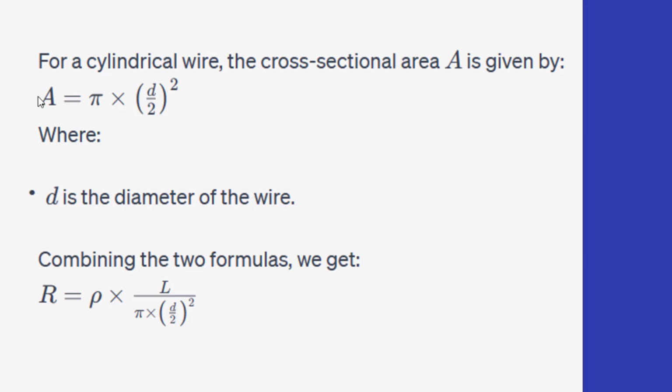So, if I substitute this area into our original formula R equals rho into L upon A, in place of A, I will keep pi into D by 2 whole square. So here, R is inversely proportional to the square of the diameter of the wire. This is very important. Remember this point. I will use this point next.